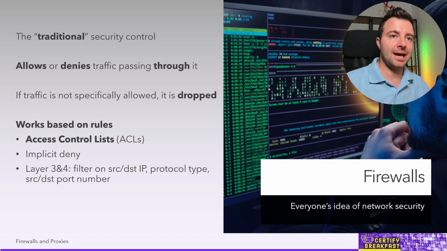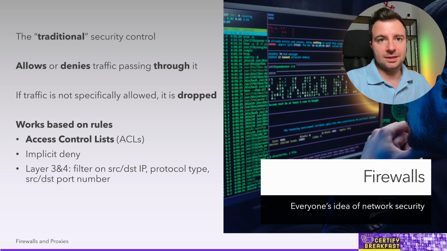It might be an action that says further inspect the traffic or try to decrypt it if it's encrypted traffic, scan it against malware, scan it against spam if it's email traffic, maybe create a packet capture for further analysis. So more advanced implementations of firewalls could potentially have more advanced actions that can be taken when a specific type of traffic is matched. But just for the basics, we're going to have allow or deny.